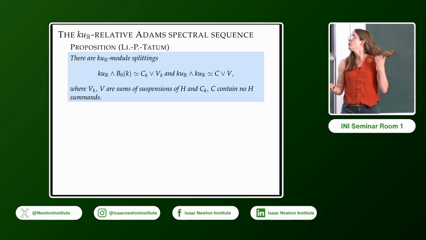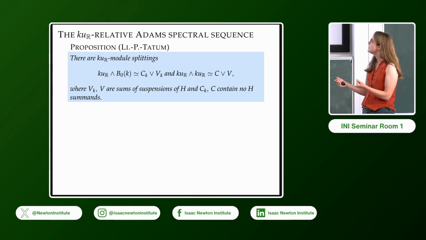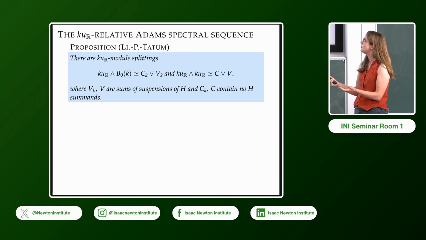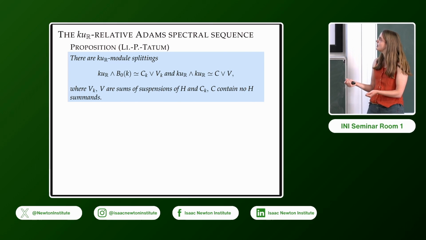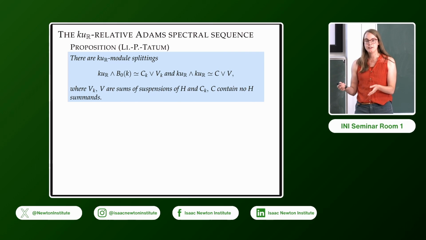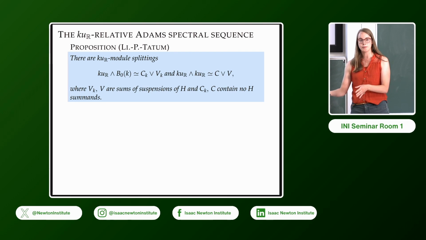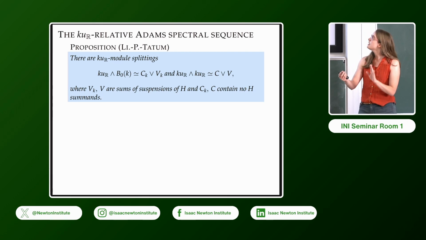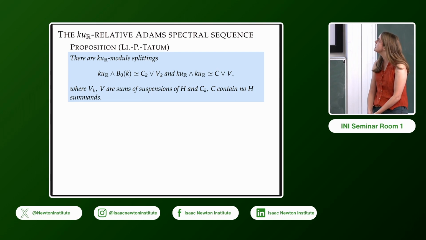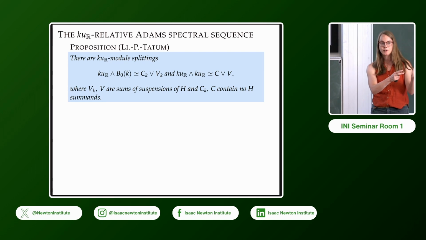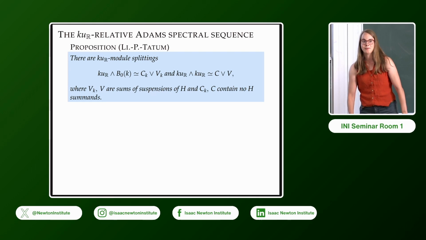And what these KU_R module splittings do is they split up the KU_R smash B_0, the integral Brown-Gitler spectra, into a summation where the first sum has no suspensions of the Eilenberg-MacLane spectrum, and the second sum, the B_k, or just B, contains all the summations of the Eilenberg-MacLane spectrum H. So we're taking what we have and separating out the Eilenberg-MacLane stuff and the non-Eilenberg-MacLane stuff.